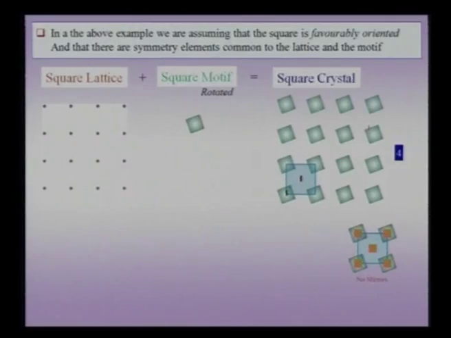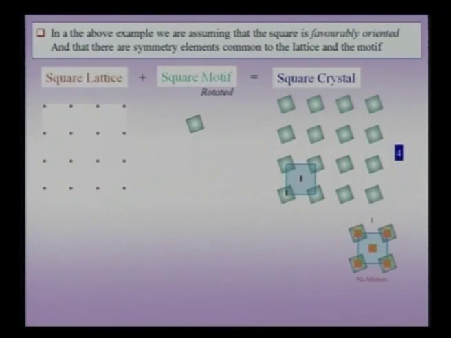So we see that the symmetry of the crystal is lowered with respect to the symmetry of the square lattice, but there is one symmetry element which is the same, which is the fourfold axis at the lattice points and between the lattice points. So when I generate this crystal, the symmetry of this crystal does not have any mirrors.